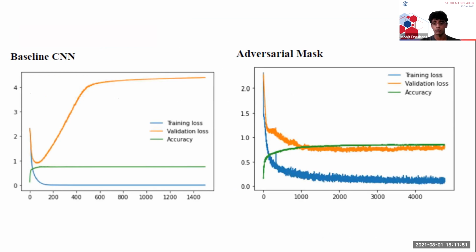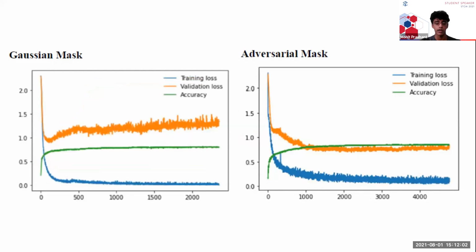At least it was not observed within the 5,000 epochs that it was trained on per trial. Whereas our baseline CNN as well as our Gaussian mask show some degree of overfitting within the validation loss. But I'd also like you to know that our training loss for the adversarial mask has a high degree of fluctuation.